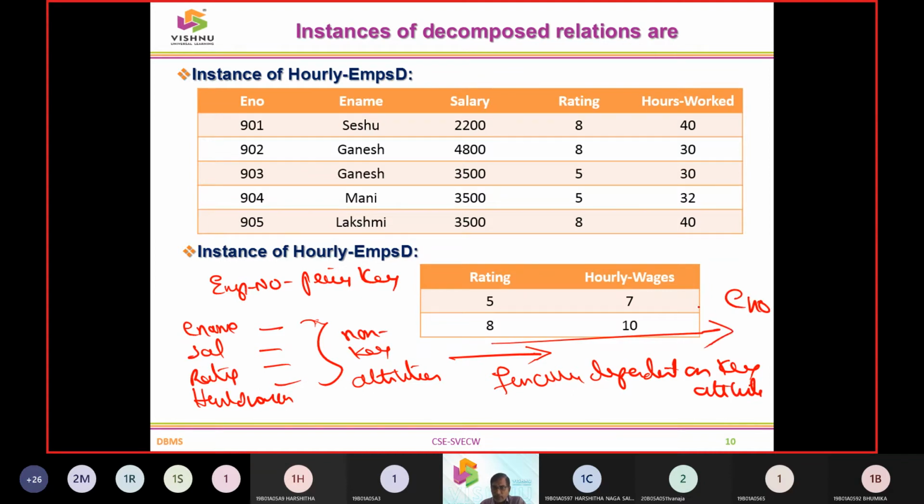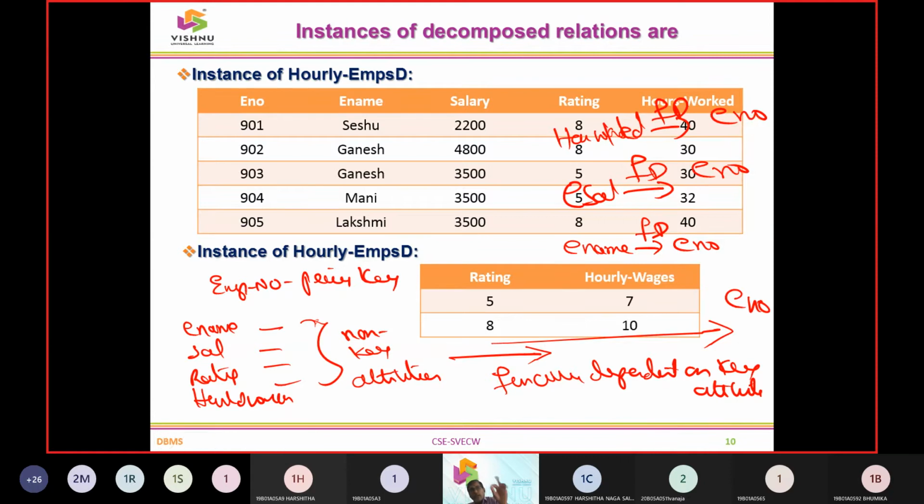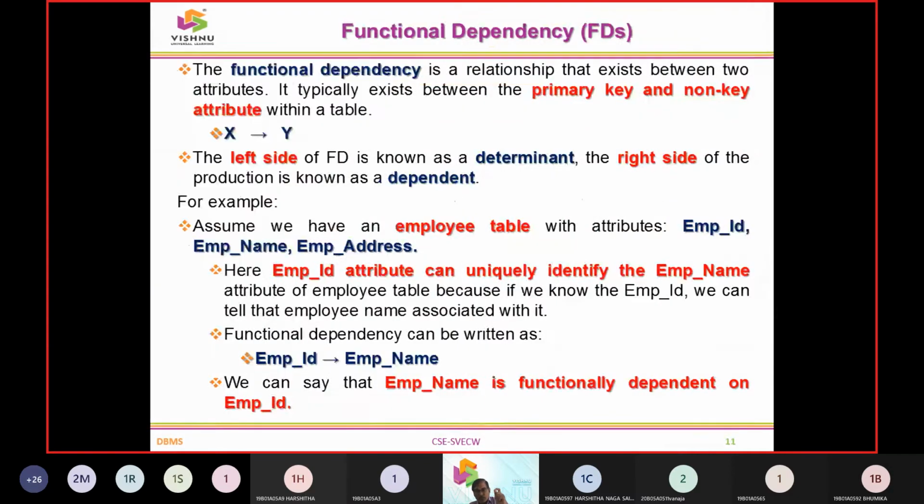So that's how we bring it up. Employee name is functionally dependent on employee number. Employee salary is functionally dependent on employee number. Hours worked is functionally dependent on employee number. So we make a relation in such a way that all the non-key attributes, one by one, are related to the primary key. And how do we mention the relation?